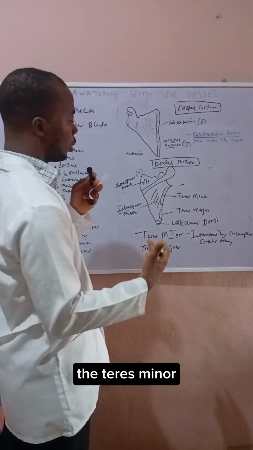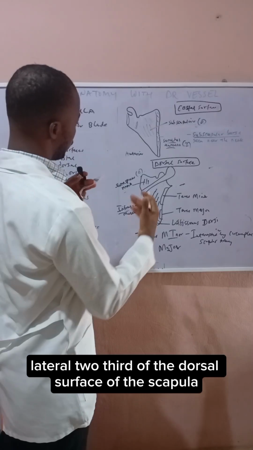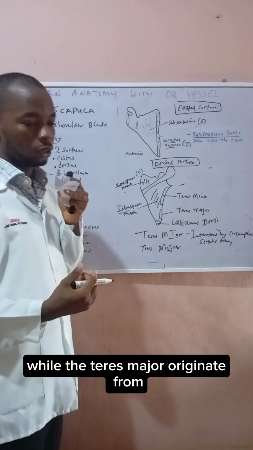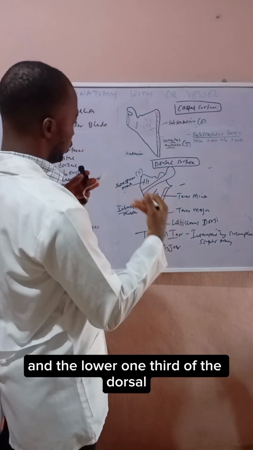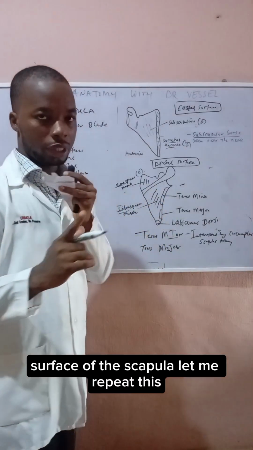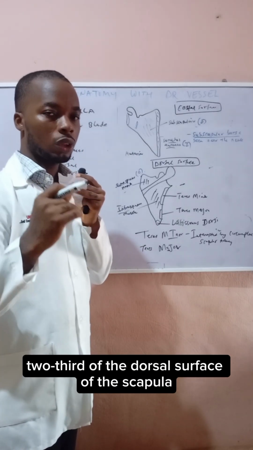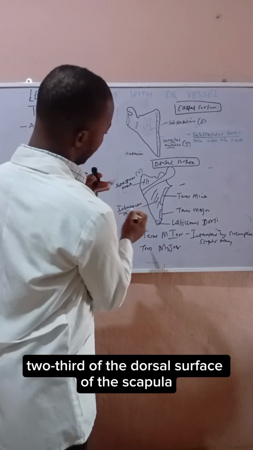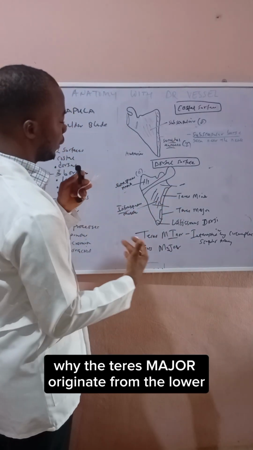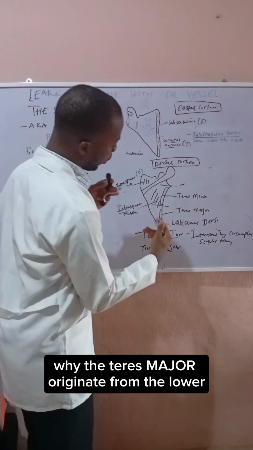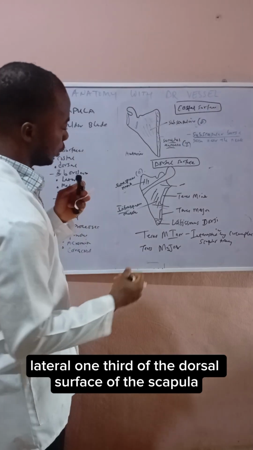Let me repeat this. The teres minor originates from the upper lateral two-thirds of the dorsal surface of the scapula, while the teres major originates from the lower lateral one-third of the dorsal surface of the scapula.